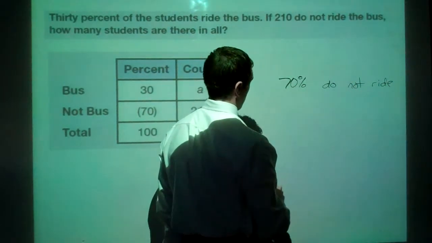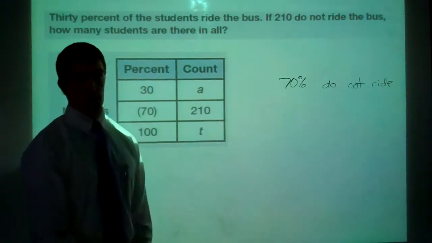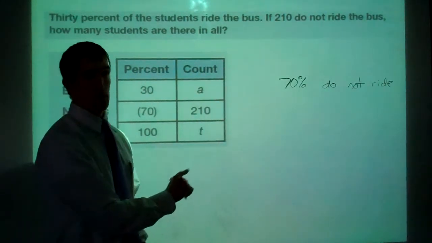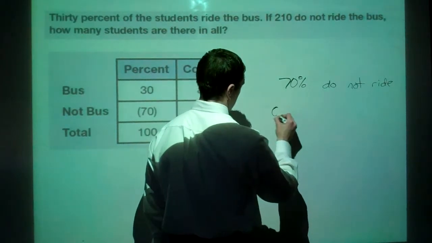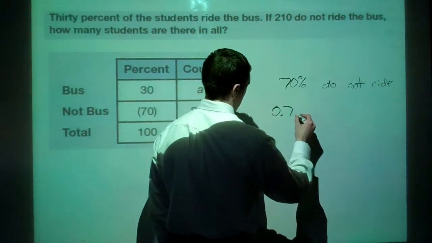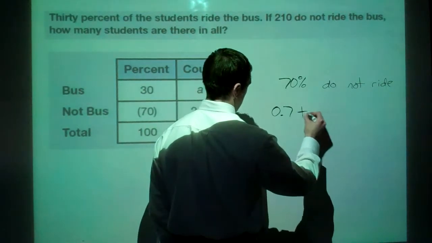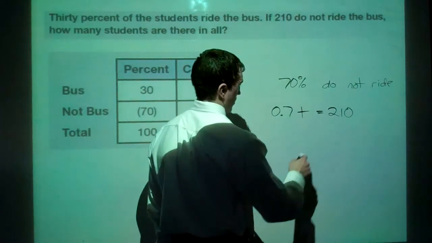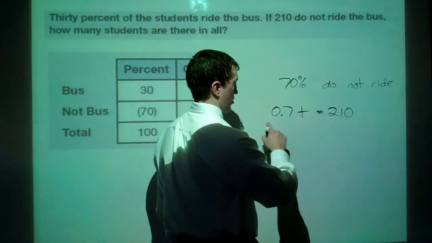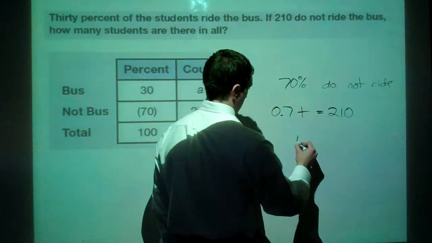So we could set up an equation like this. 70% of the total should equal 210. So 70% as a decimal, 0.7 times the total should give us 210.